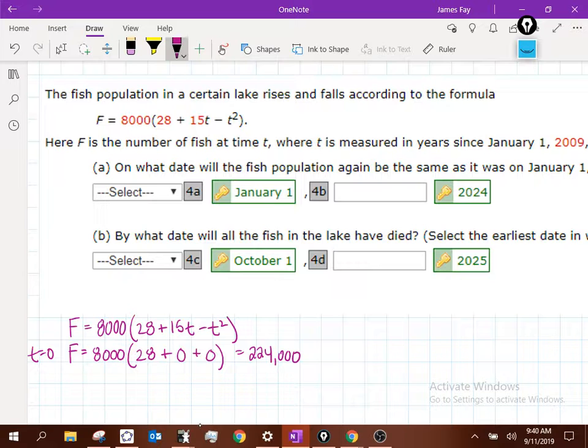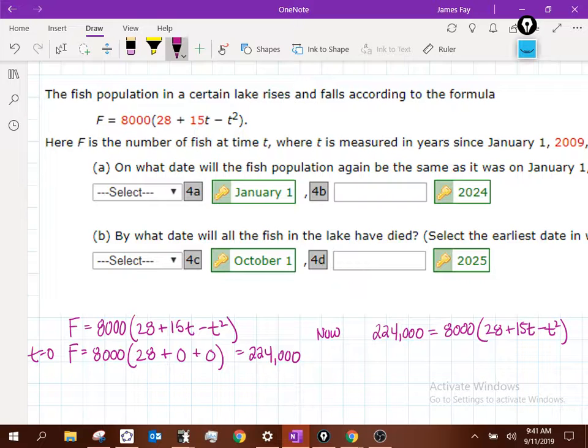Okay. So now the question is, when will we reach that population again? Well, that population is solved for F, right? That's 224,000 equal to 8,000 times the quantity 28 plus 15t minus t squared.